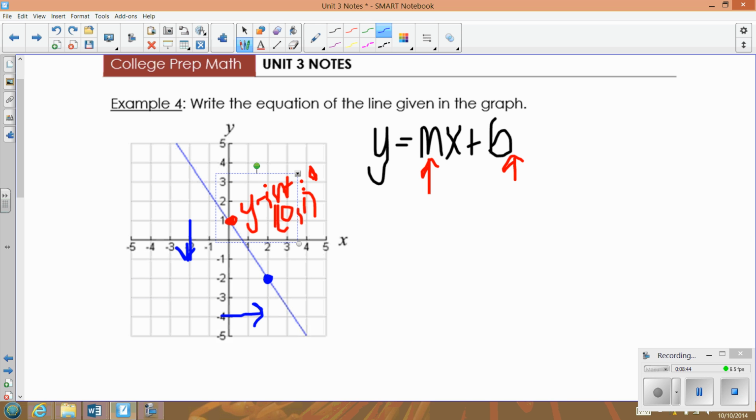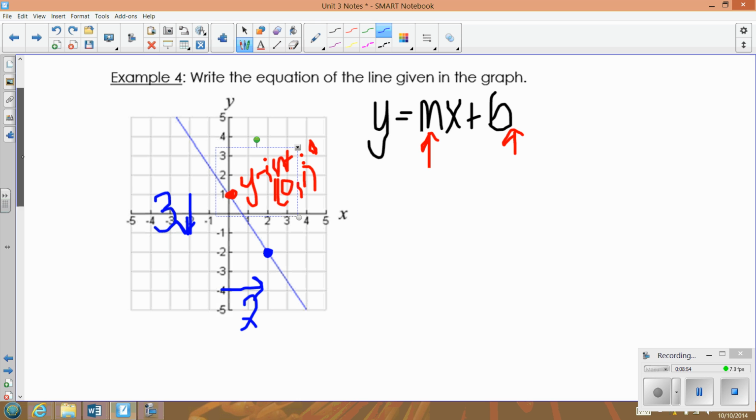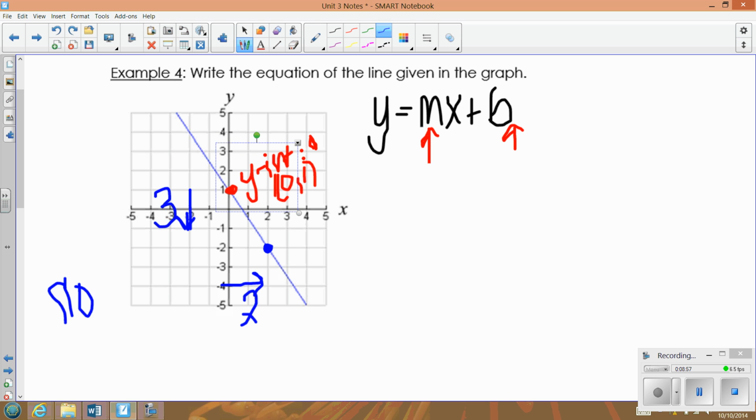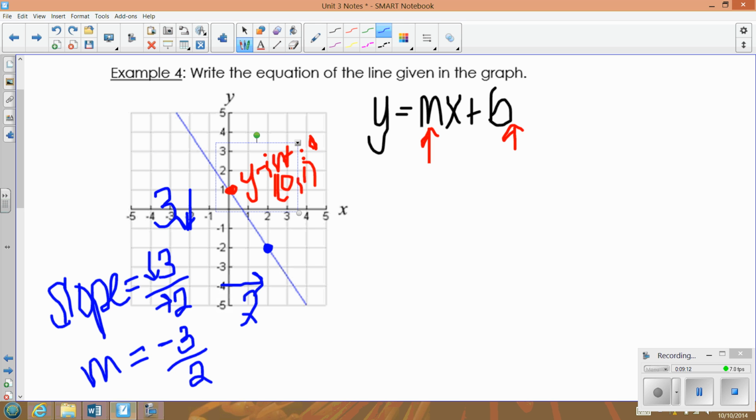I went down 1, 2, 3, and then I had to run to the right 2. So that means my slope was down 3, right 2. And since you went down 3, that really means it's -3 over 2. So that tells me my m value is -3 over 2.